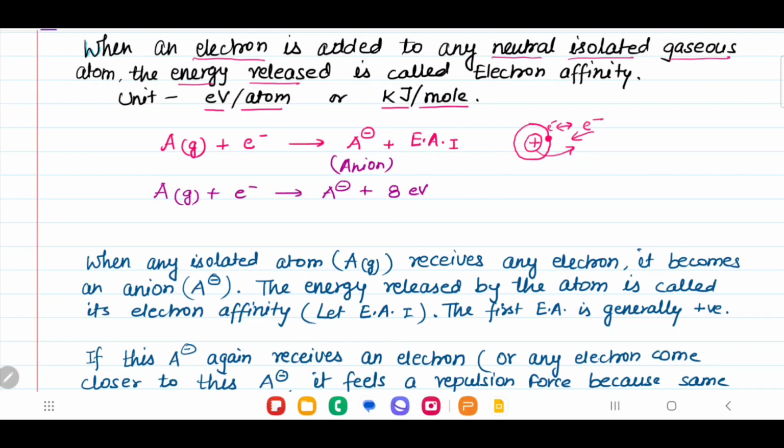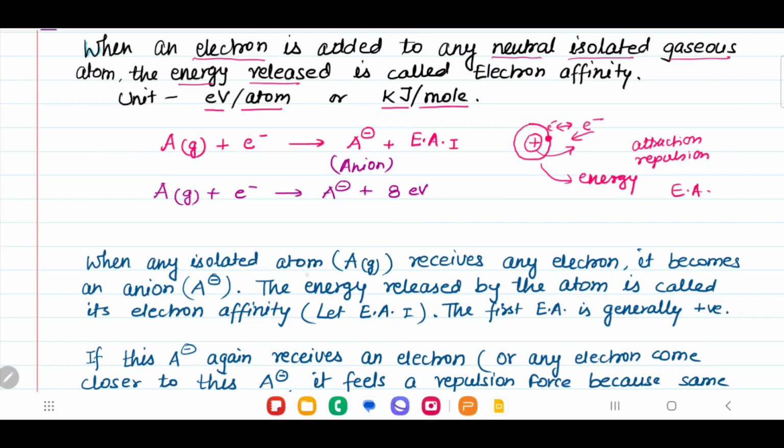So it feels the force of attraction and the force of repulsion. As a result, the atom releases some energy in order to accept that upcoming electron. This released energy is called the electron affinity.